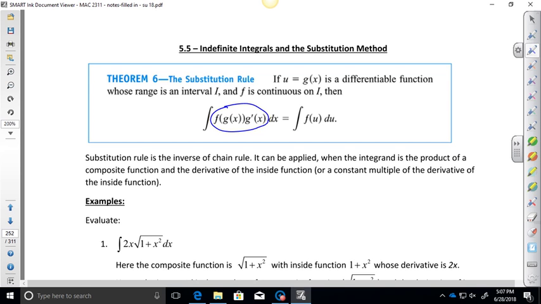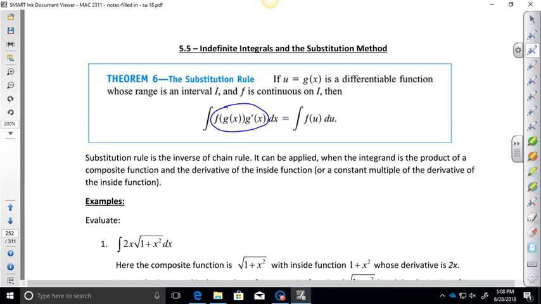Which one is the inside function? 2x squared plus 3x plus 7. What's the derivative of that? 4x plus 3. So if we have this function times 4x plus 3 or any multiple of 4x plus 3, you can do integration by substitution.